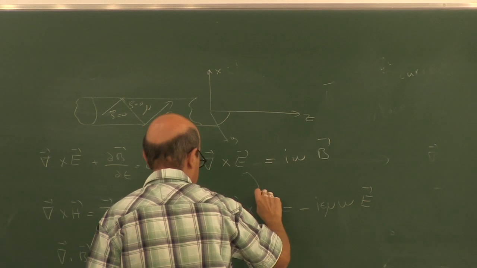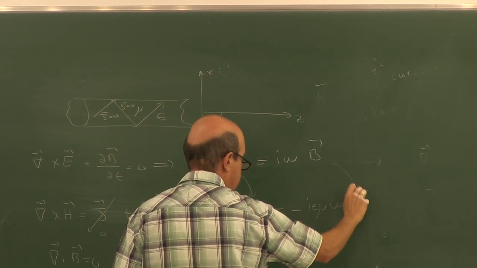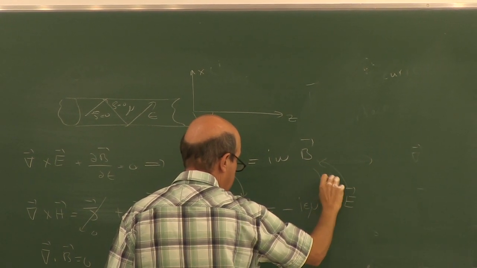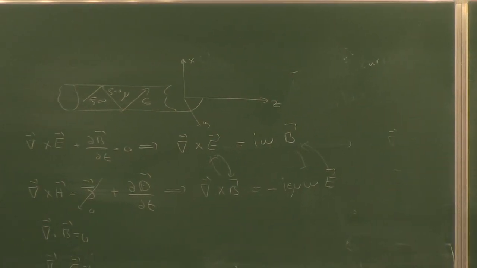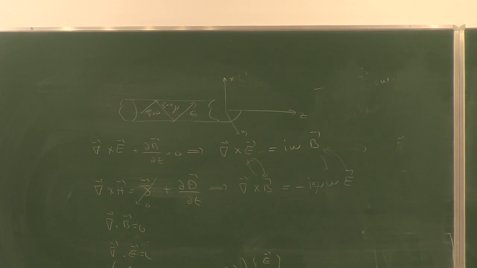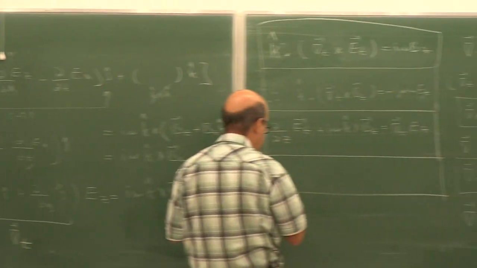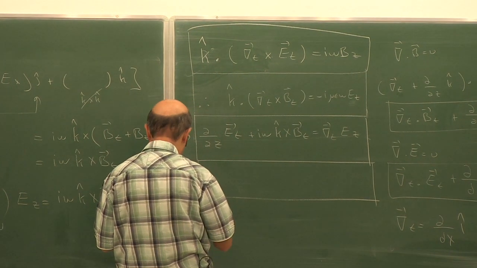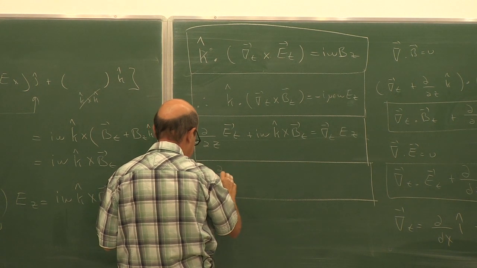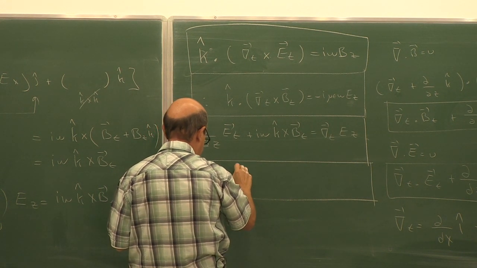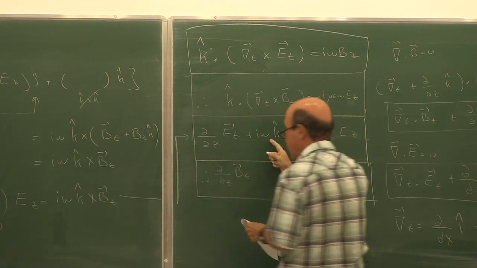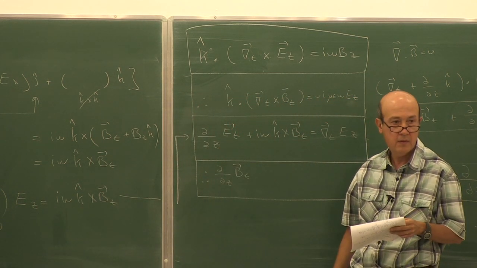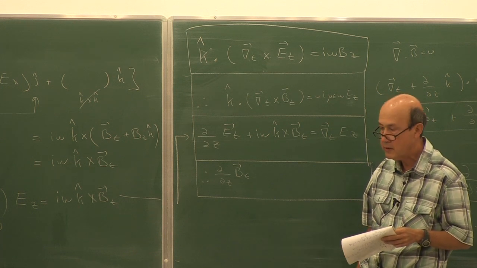E and B are replaced, and this coefficient is replaced by a factor of minus. So basically, if you do the same thing for the other one, you will get del over del z B transverse. What are you going to write instead of i omega?